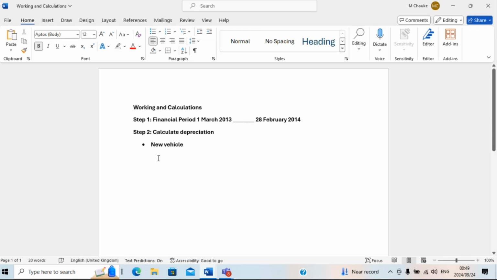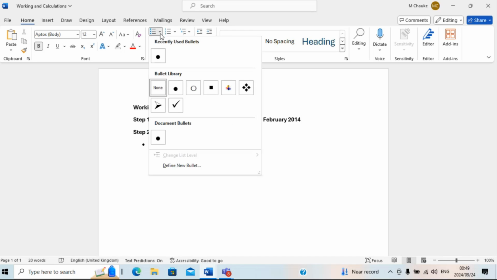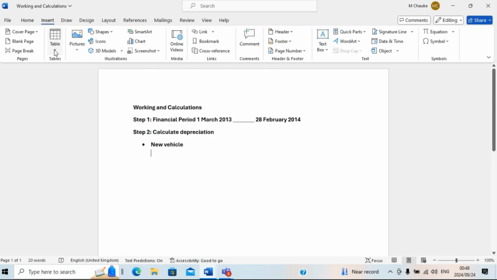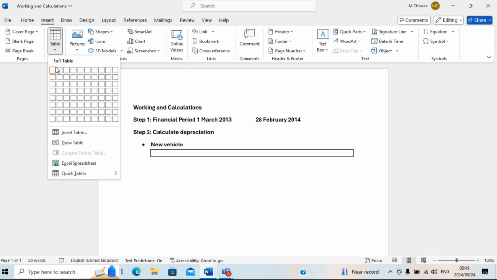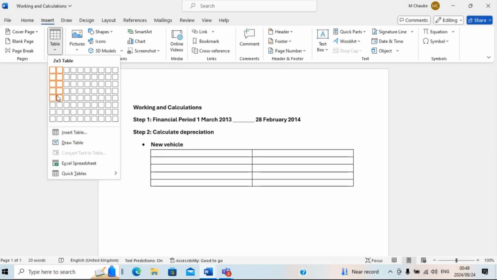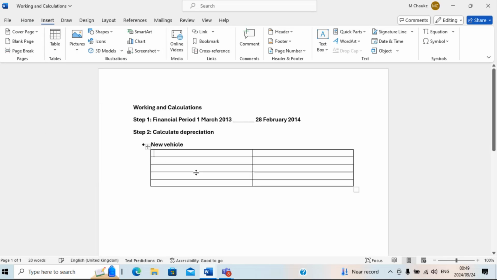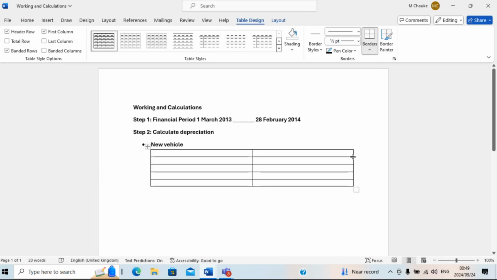If you want to calculate depreciation properly, there are certain things that you need to identify. Let's put the steps that we must follow, or the items we need. I'm going to insert a small table there with 2 columns. That will help us. Number one, you must determine the cost price.